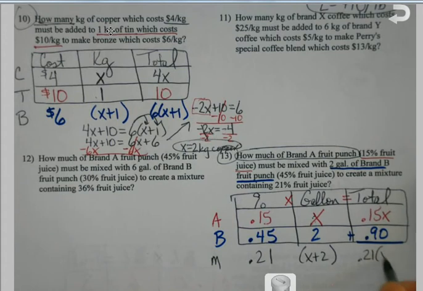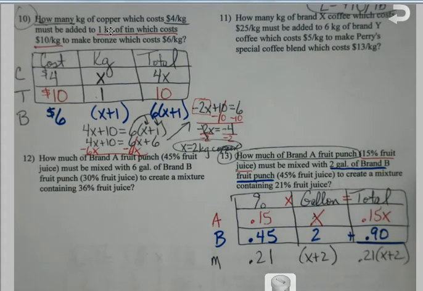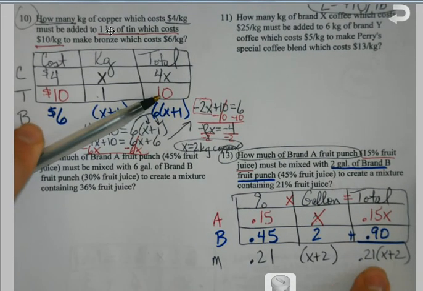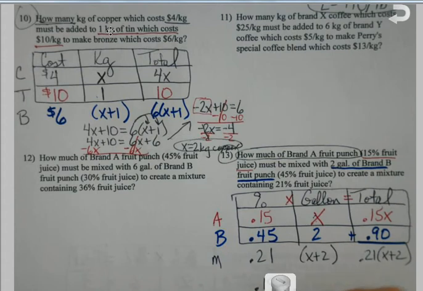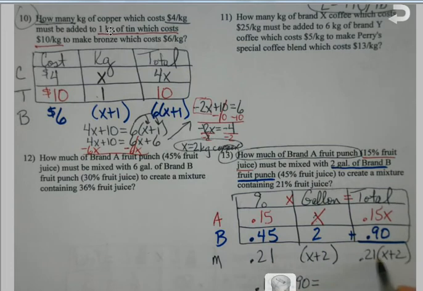And then again, I'm multiplying those together. Just like we did in number 10, I'm going to take the 0.15x and the 0.90, and set it equal to what I got when I multiplied across at the bottom.